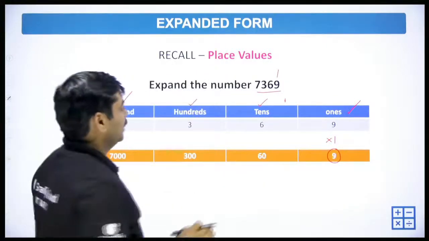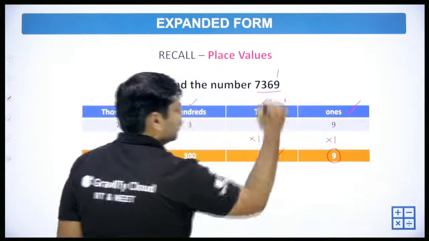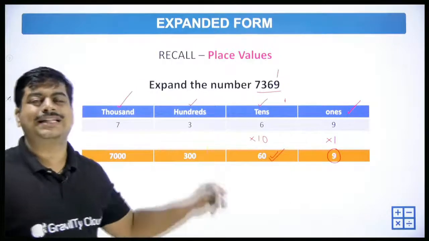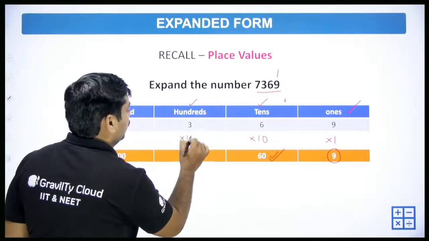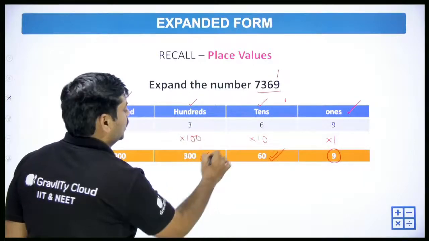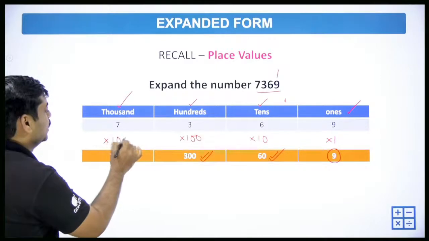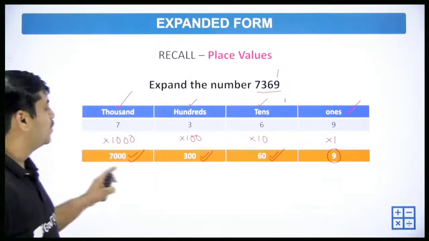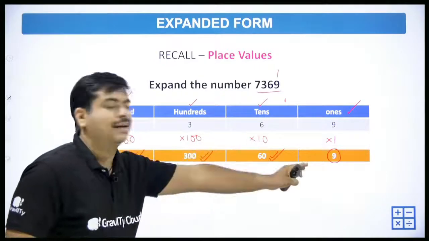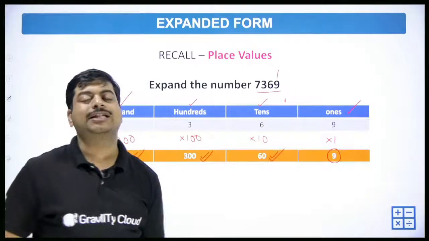But 6 into 10 gives 60, the place value of 6 is 60. In the same way, hundreds, 3 into 100 is 300. And 7 into 1000 is 7000. Those are the place values, and that is how we write the expanded form.